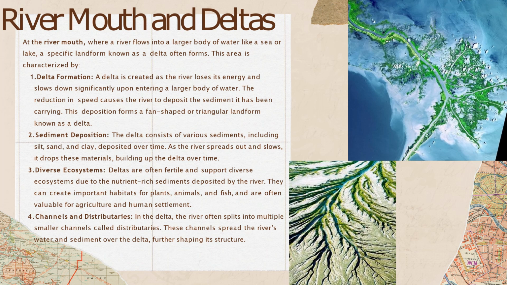As the river loses all its energy upon meeting the large body of water, it spreads out and deposits the sediment it has carried. So this process creates the delta, where the river's load is spread out in a wide area, leading to rich, fertile lands that support diverse ecosystems.